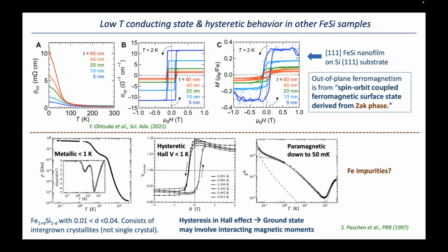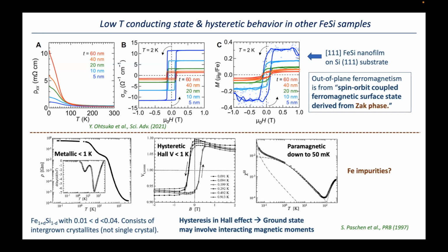She observed this hysteresis in the Hall effect, and also this flattening off of the resistivity, which she and her coworkers interpreted as due to states within the interior of the material, as I understood, rather than a surface state. But they certainly saw the onset of metallic or nearly metallic behavior.